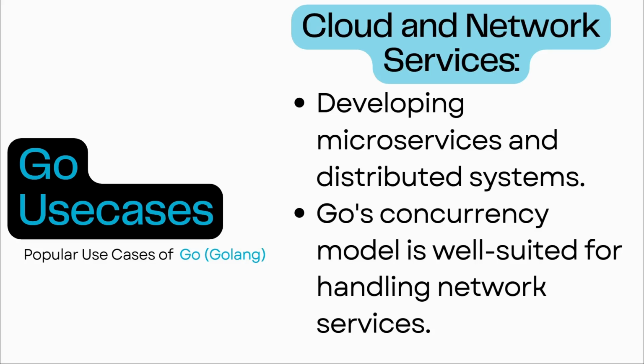Whereas distributed systems involve spreading these services across multiple computers or servers. For instance, those microservices in the banking application could be running on different servers in different data centers to improve reliability and performance. If you want to build these kinds of microservices and distributed systems, Go's concurrency model is a well suited model. That is why many people use Go for microservices and distributed systems.